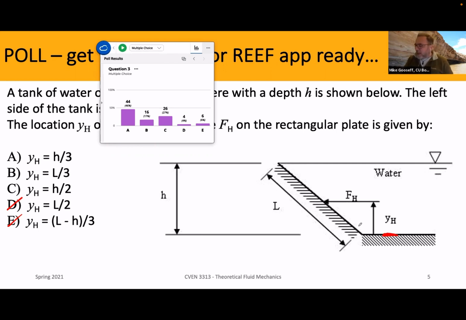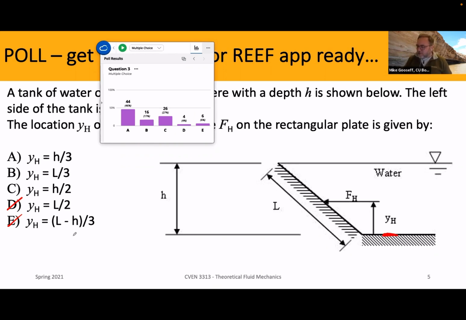Okay, and the dimension L in this case matters in the sense that it's related to some H, but the line of action for FH is still about a pressure prism that is acting along L here. Okay, so L over 2 doesn't work out.